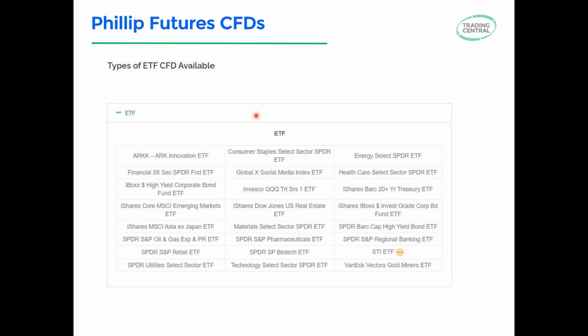So if you are bullish on some sectors, you can leverage using the ETF to express your view on the sector. For example, if you are bullish on tech stocks, you can easily find a technology stock ETF and a corresponding CFD here.